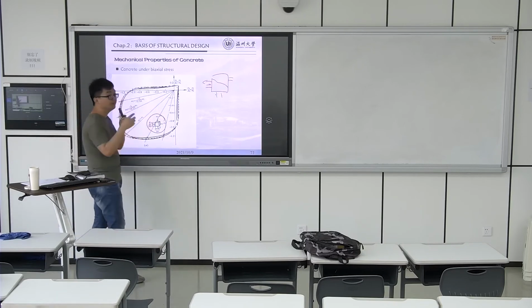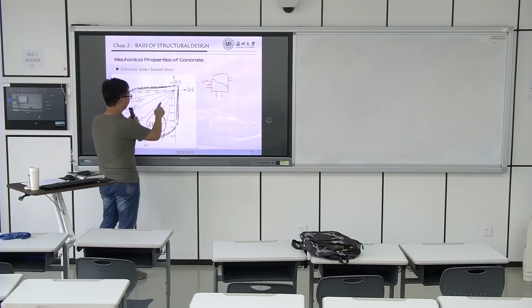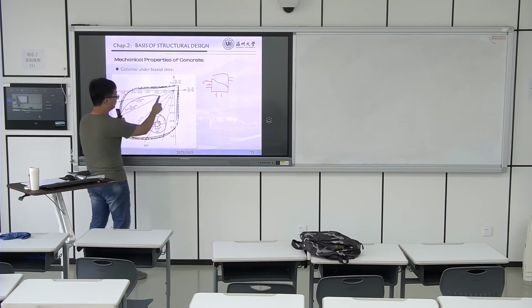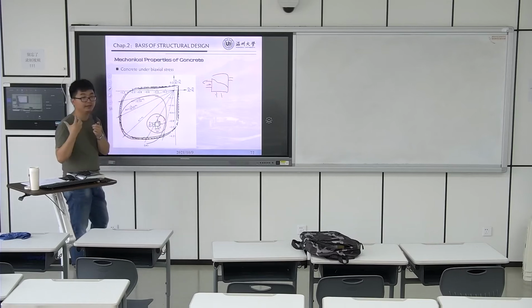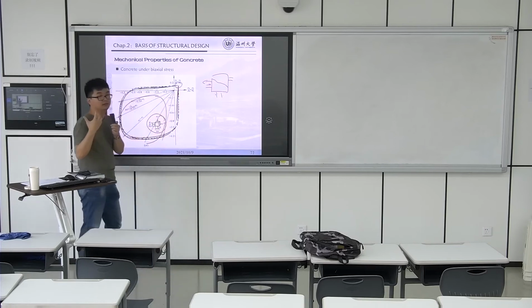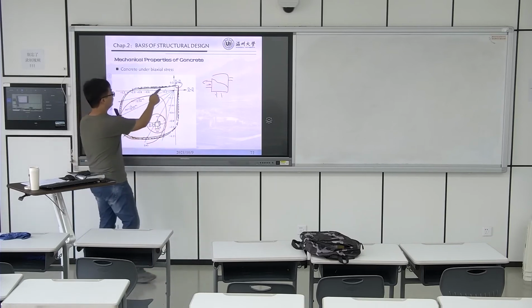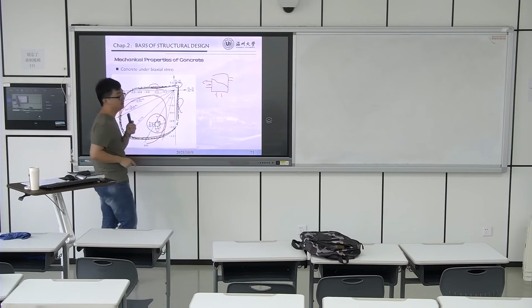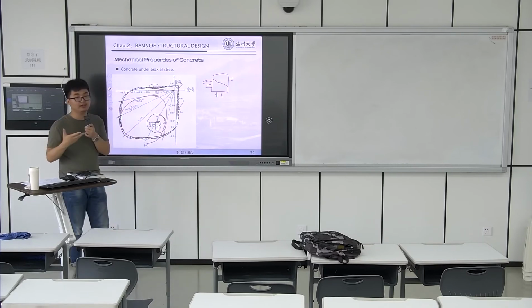In this part, the specimen is under two same direction loads, and here is the same direction load. And in this part and this part, one direction is tension, one direction is compression applied to the specimen.